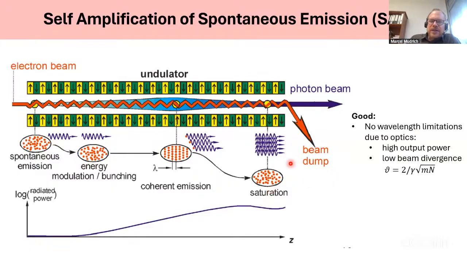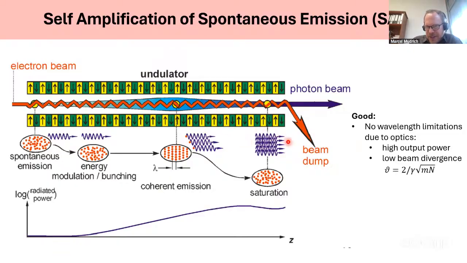But yeah, so that's the actual SASE principle, and there are advantages to it, of course, namely that it doesn't need any resonators, so there are no limitations to the wavelength. In principle, if the electron energy is high enough, then we can produce very highly energetic hard X-rays in this way. We can generate very high output power.